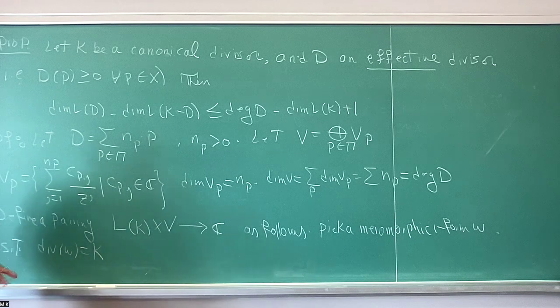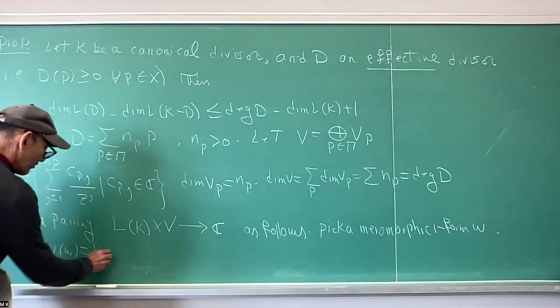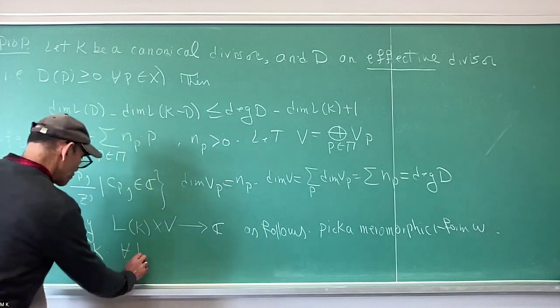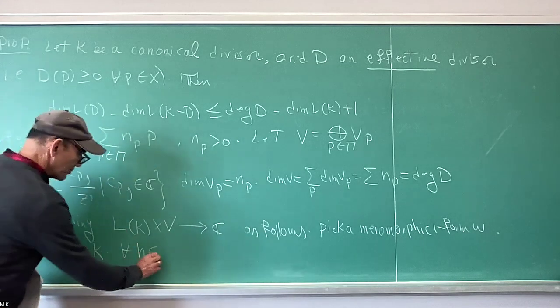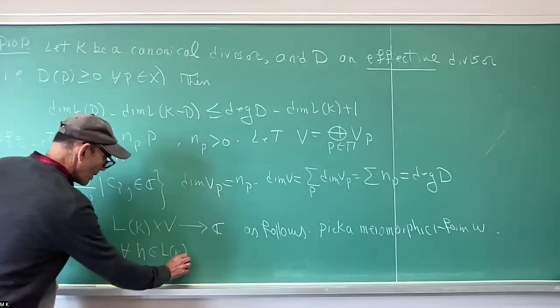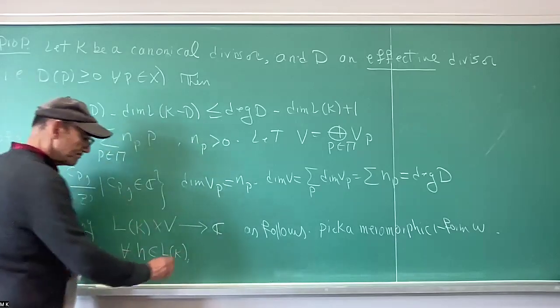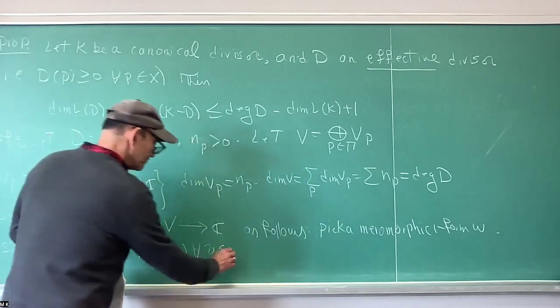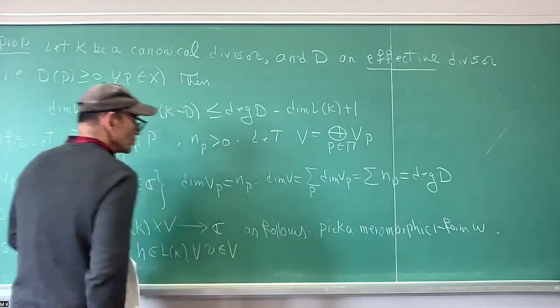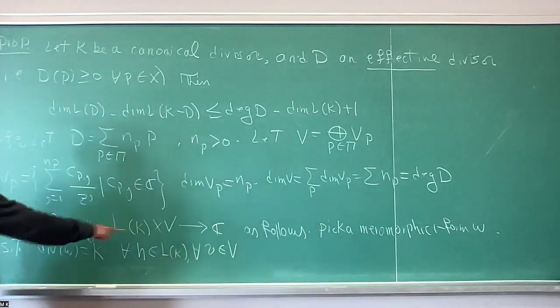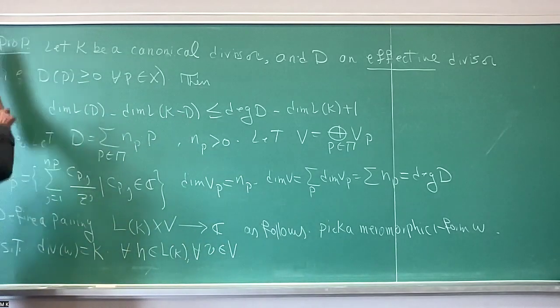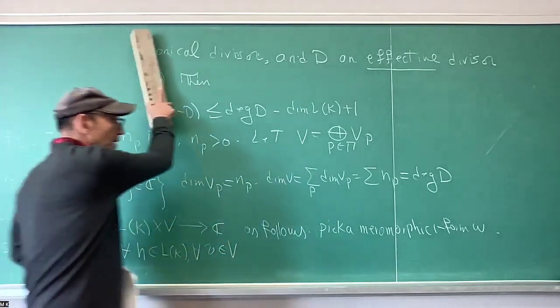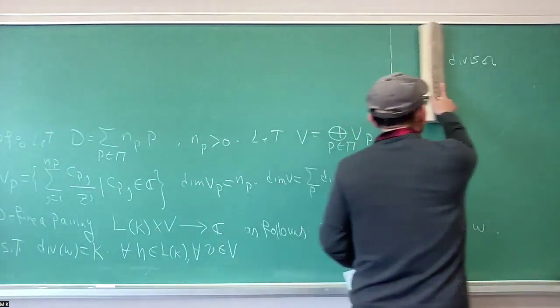Pick a meromorphic one form, and then for any H belonging to L of K, and for any V belonging to V, I just define this pairing in the following way. It's a residue pairing. We just take residues and add.